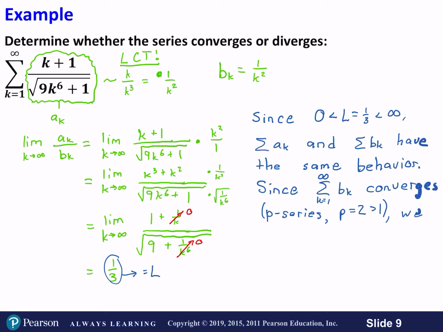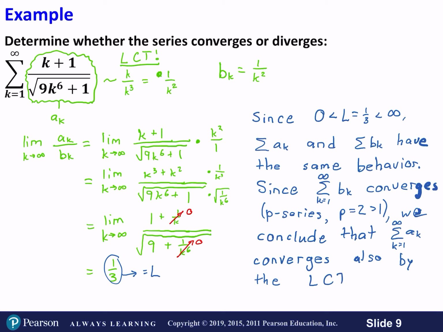We conclude that the sum from k equals 1 to infinity of ak converges also, by the limit comparison test. Oof, really had to write a paragraph for that one. All right, so that's a limit comparison test problem.